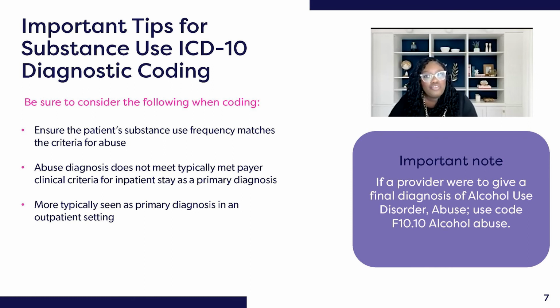So again, just make sure you're consulting the DSM-5 for all of your options, with delirium, all sorts of things when you're looking at substance use. And so you want to make sure you're mapping it correctly, because when it's coupled with those other factors, such as psychosis or delirium or with withdrawal, those are higher severities than even dependence. So just make sure that you're assigning those diagnoses adequately.